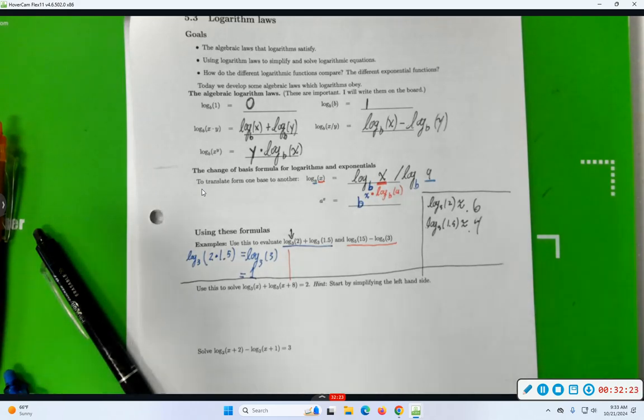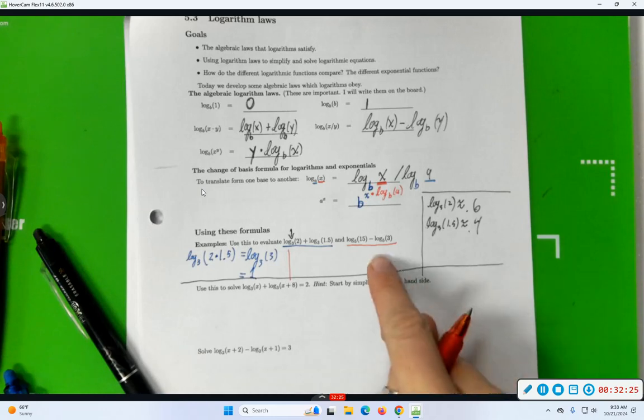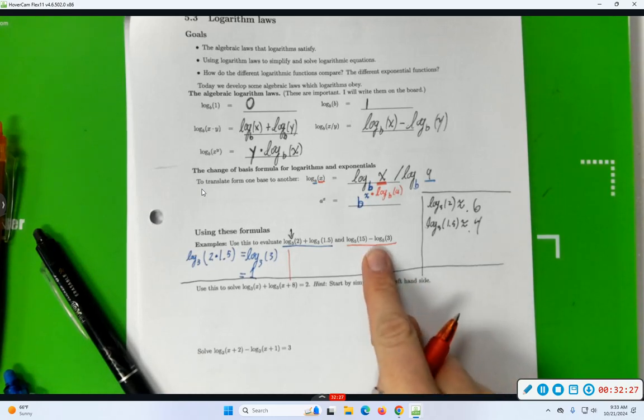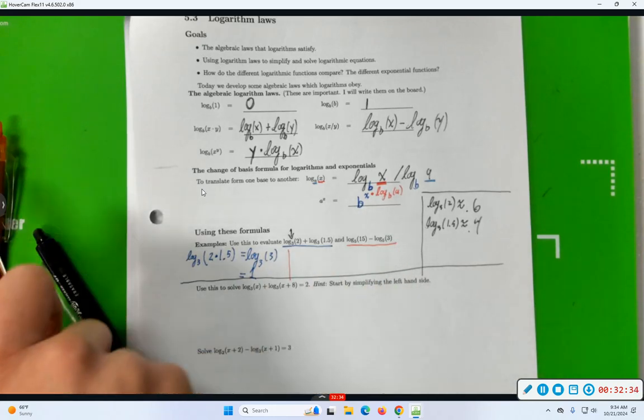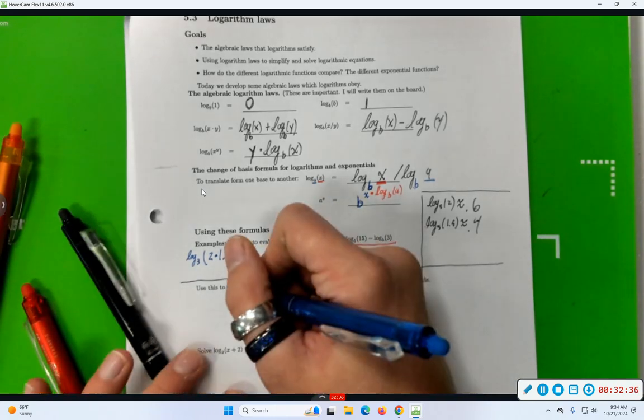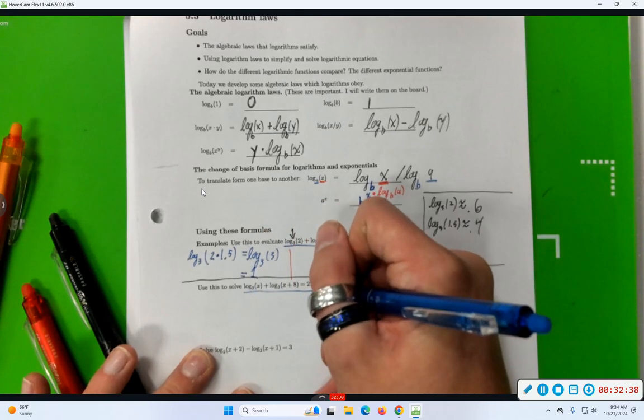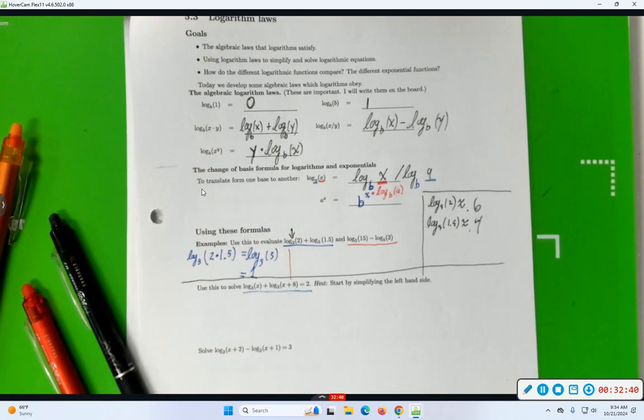All right. So here's the payoff. Logs let you replace sums or differences of logs that are maybe more complicated looking with a single log that is sometimes easier to compute. Here's an algebraic application of it. Let's try to solve that logarithmic equation. Log base 3 of x plus the log base 3 of x plus 8 is equal to 2.